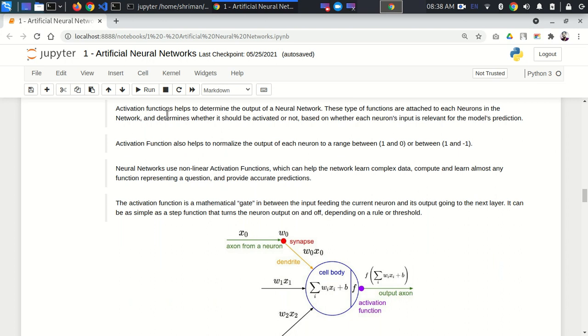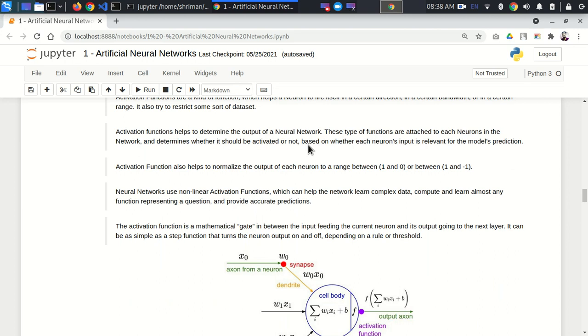Activation functions help to determine the output of a neural network. So if data is inputted to a neuron, or a neural network, or any node, these activation functions will help in determining what its output would be if we perform any kind of calculation or activity.